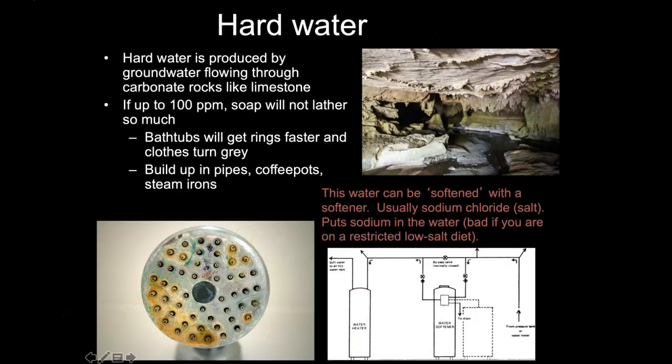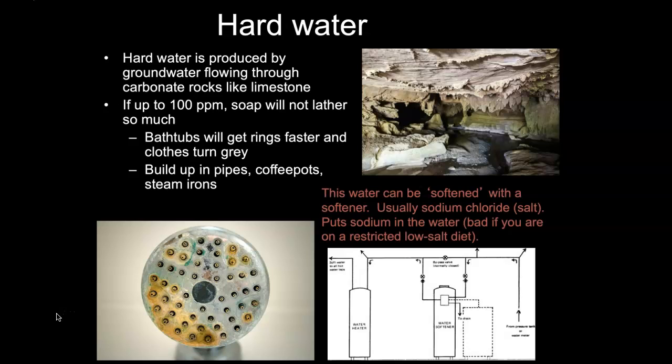Another measure we make is whether or not water is hard or soft. Hard water occurs when groundwater flows through carbonate rocks, whether it be a limestone or a marble or a dolostone, and it picks up calcium, making it hard water.